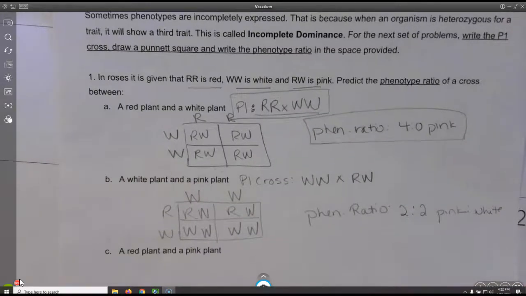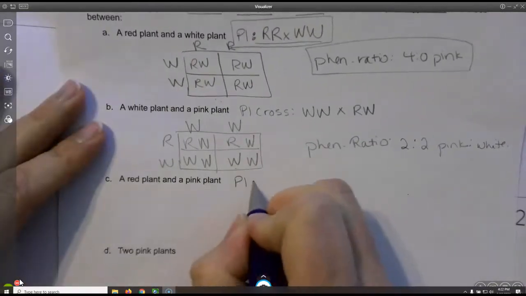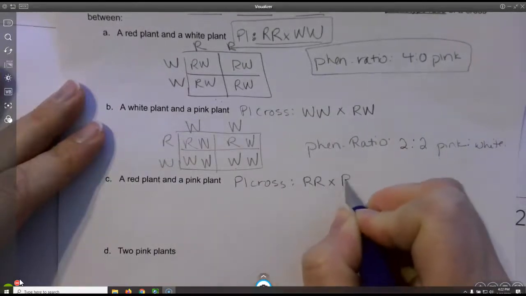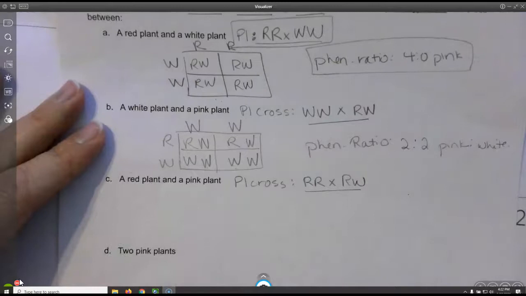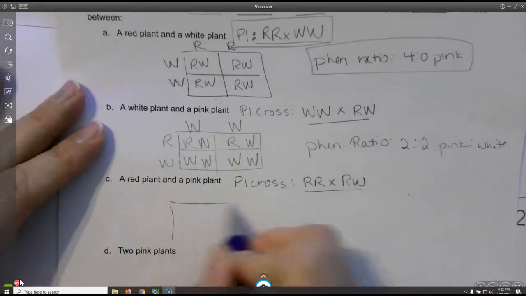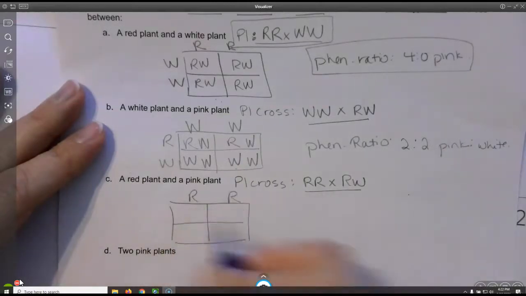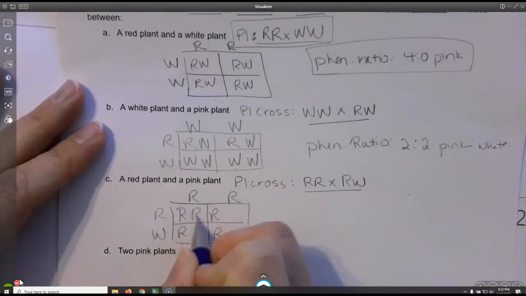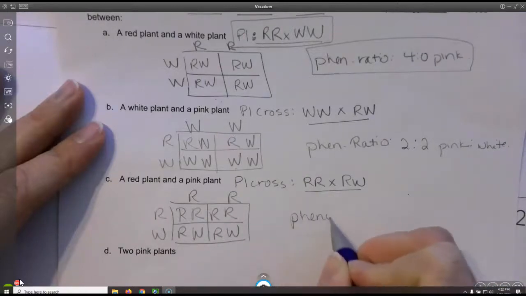Let's look at letter C. We're going to cross a red plant, big R, with the pink plant, which is RW. I forgot to underline that, sorry. You can put a box too, either way. Let's make our Punnett square. Big R, big W for parent 2. Drop your R's in, slide your R's across, slide your W's across, and voila!